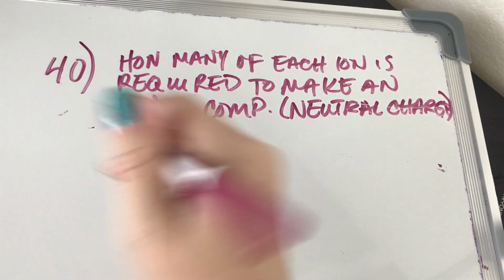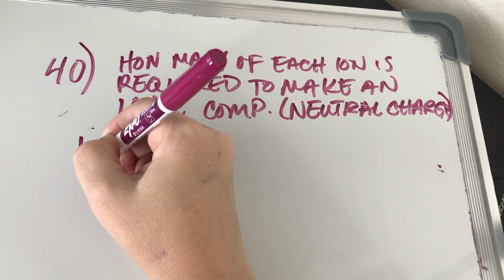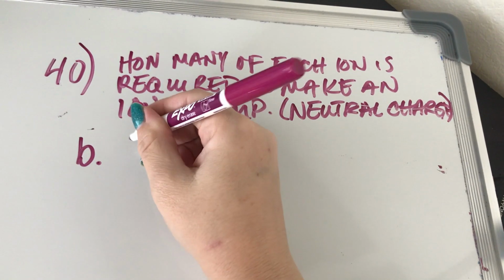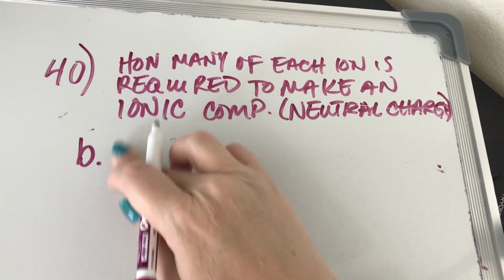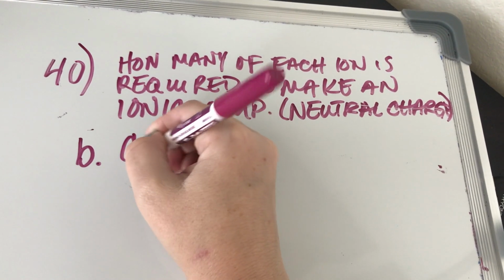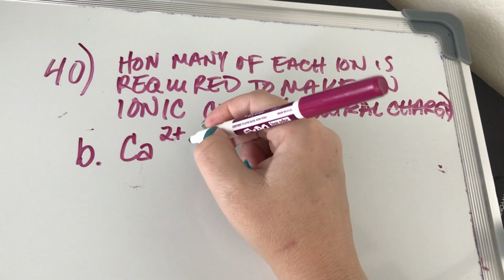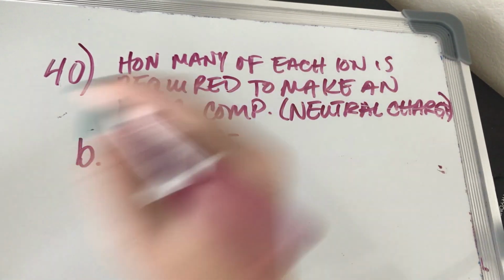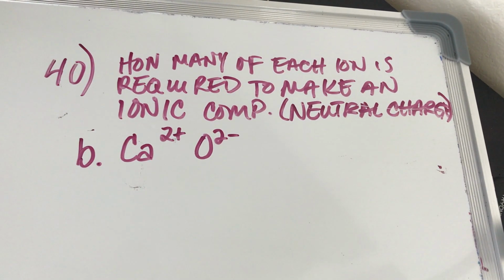Let's do B. These ones, we have calcium 2+, oxygen -2, or oxide.